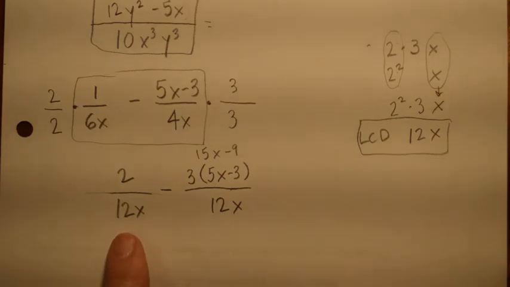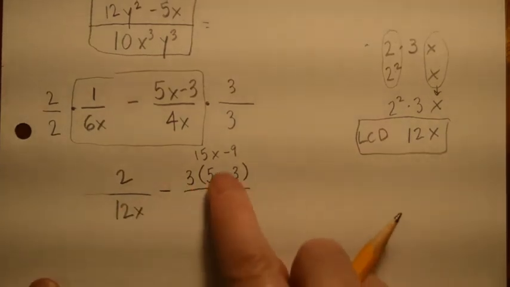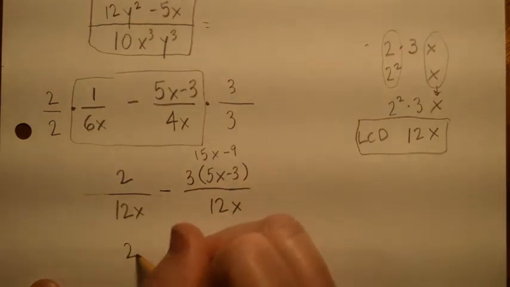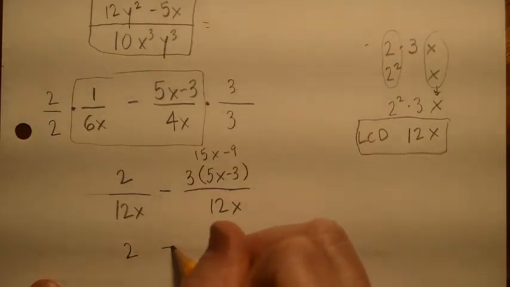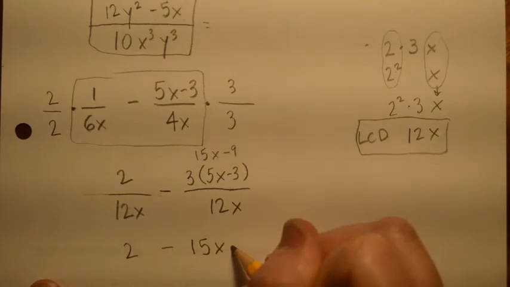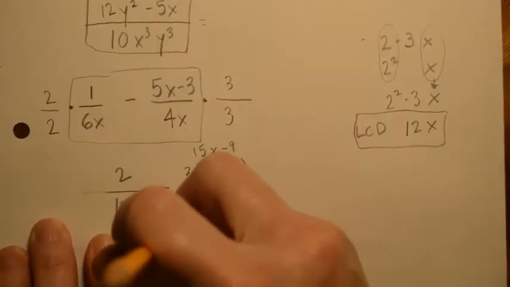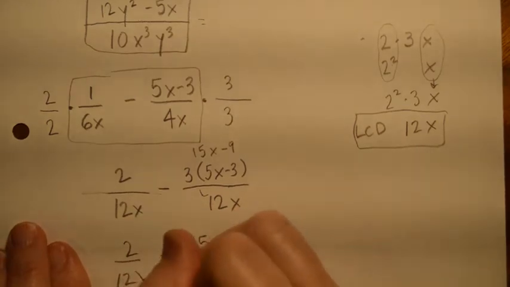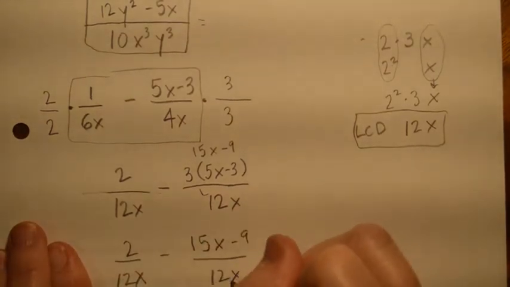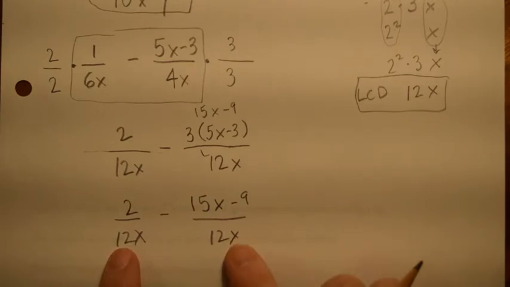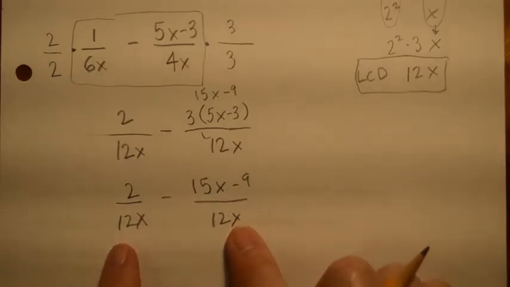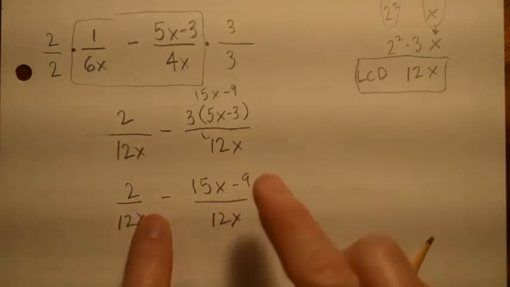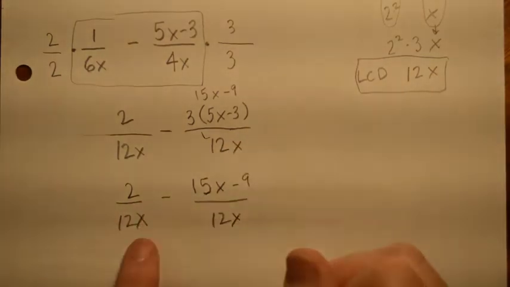All right, now let me go through and start distributing here. Actually, I'll just write that extra step that we just talked about. So 2 minus 15x minus 9. Now this is the step where we need to be really careful, because we're taking this fraction right here and subtracting a fraction that has a binomial numerator.